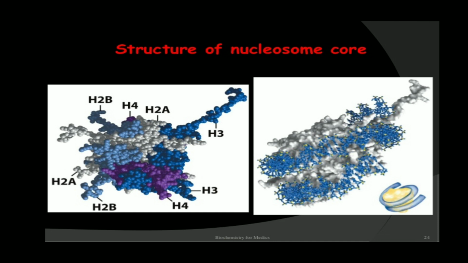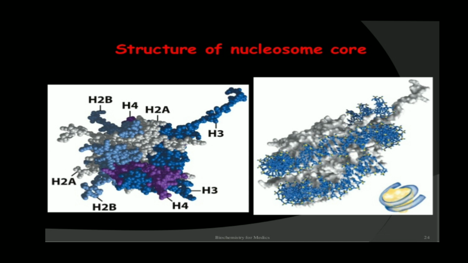This is the molecular structure of the nucleosome. As we know, these histone proteins are octamers. Octamer means they consist of 8 subunits: H2A, H2B, H3, and H4, and each has another copy.